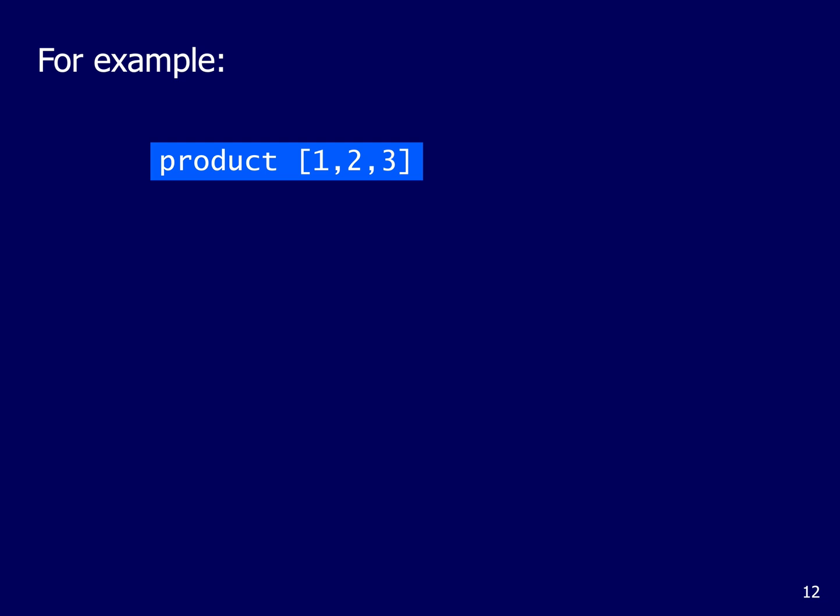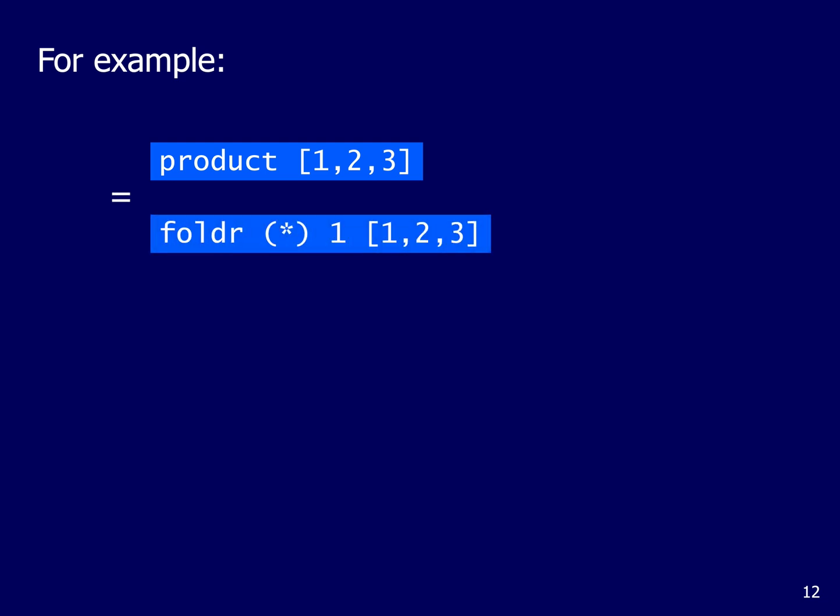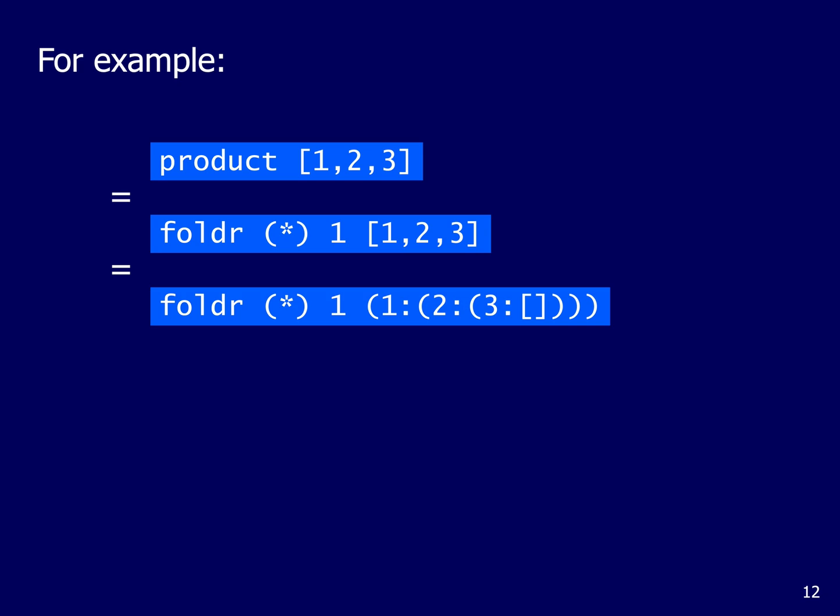Here's product of the list 1, 2, 3. Product we could define by folding. In the recursive case we multiply. In the base case we give back 1. Then we can expand the list, so we get 1, 2, 3, empty. And now we can think of this substitution or replacement process. All we're going to do is replace the three colons, in this case by multiply, and the empty list at the end by 1.